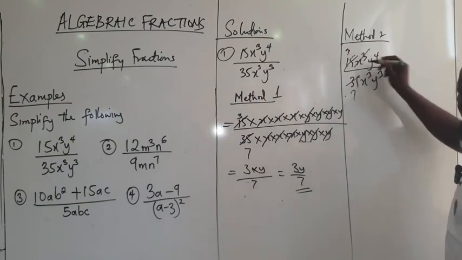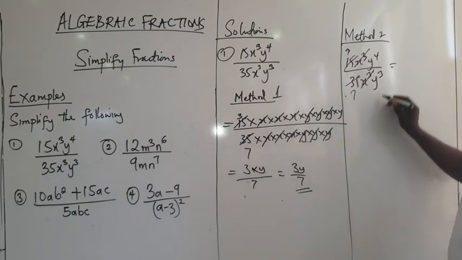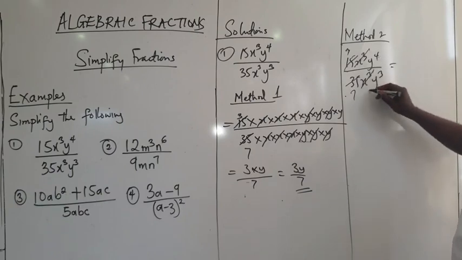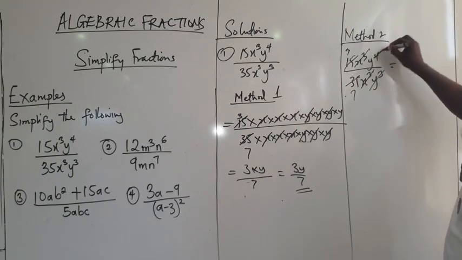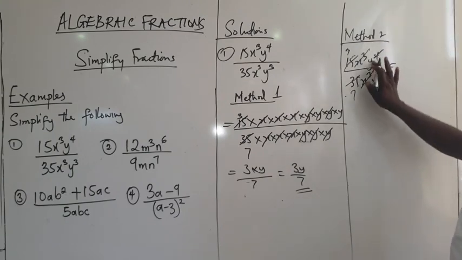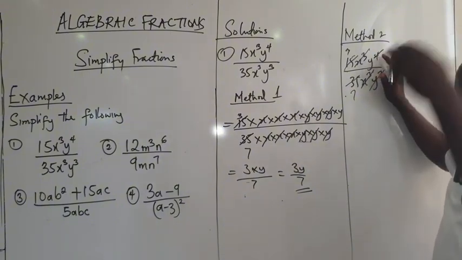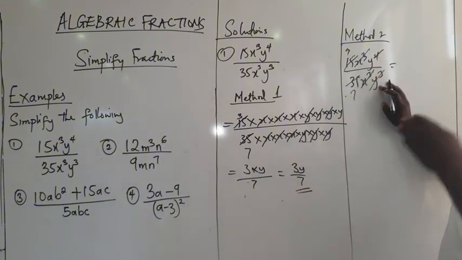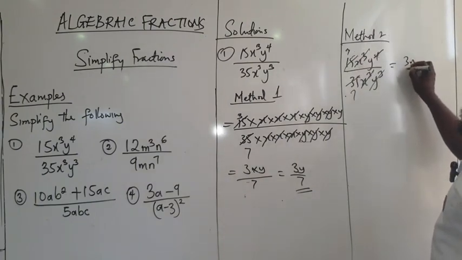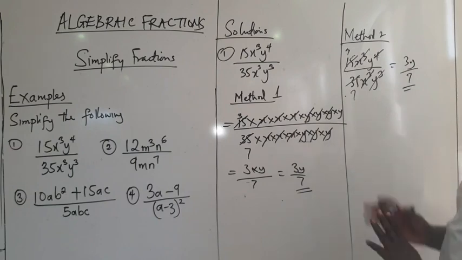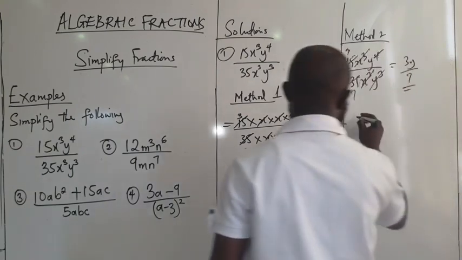This is x raised by 3, we cancel x raised by 3. This y raised by 4, we cancel y raised by 3, and remain with one y. That's what we have there. So that means we are going to have 3y all over 7. That's method 2.